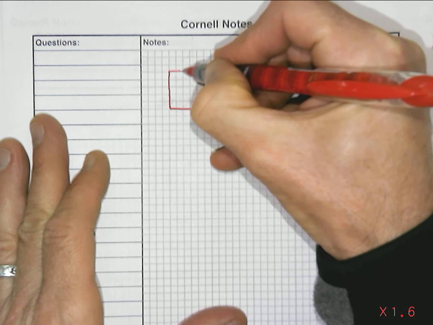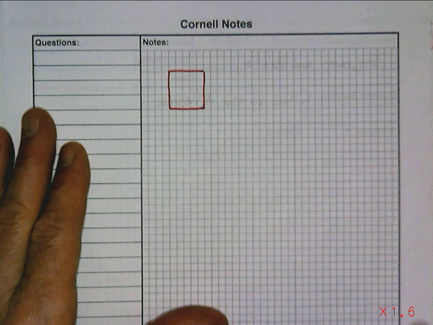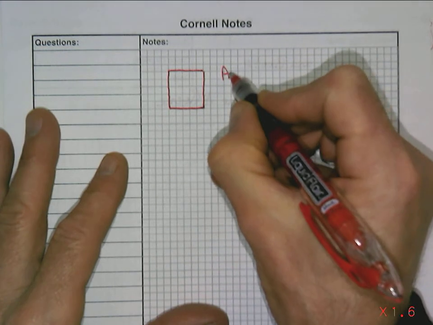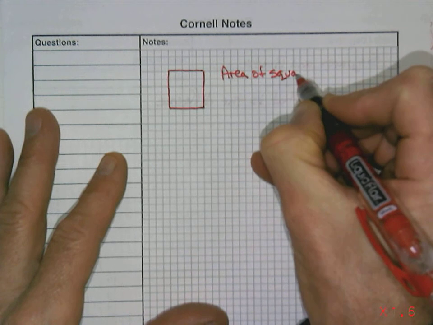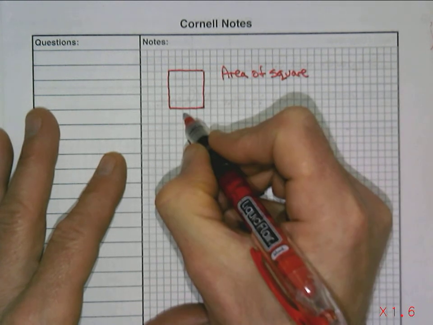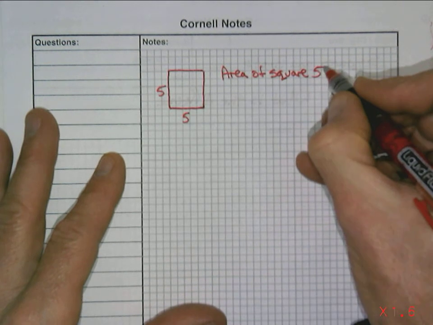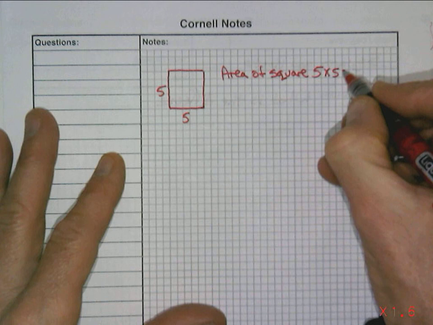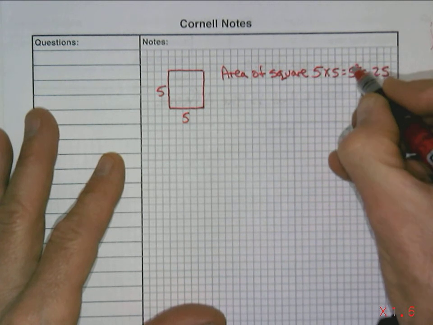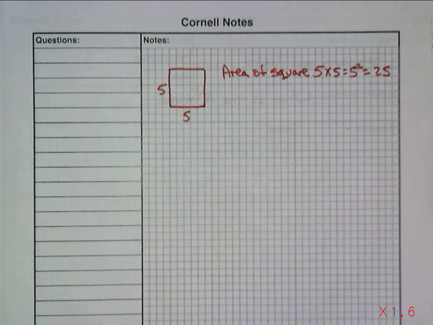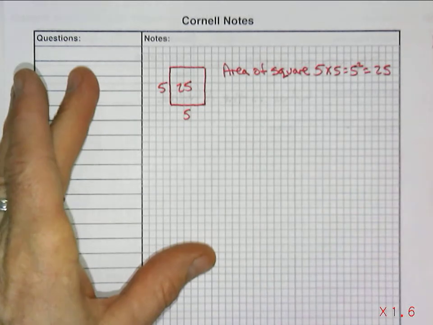And so again, the idea is that if I have any square and I want to know its area, I'm simply going to square the side length. 5 times 5, or 5 squared, which is 25. And there's 25 square units in that square. So that's the area of this square.